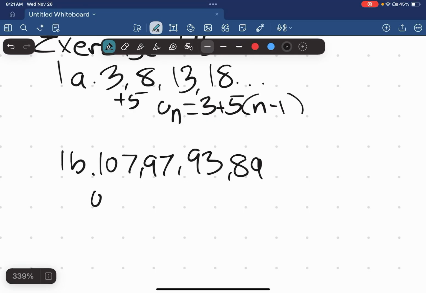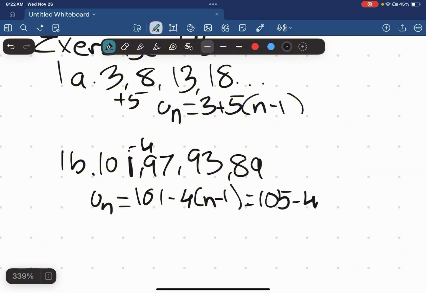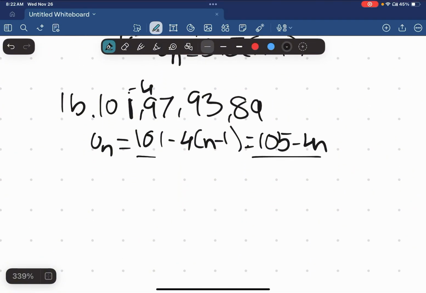Sorry, I accidentally wrote that as 107, let me erase that. So un equals 101 minus, and the common difference is minus 4 every time, so 4(n minus 1). When we simplify this, we get 105 minus 4n. You don't have to simplify it, but it makes it look cleaner.